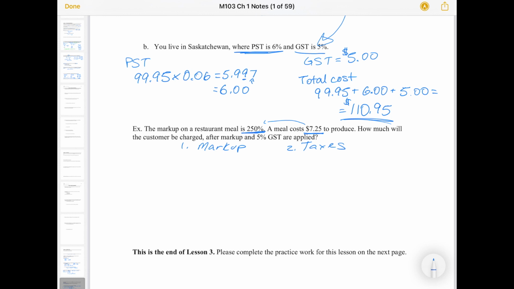So first the markup. So 250%. I need to divide that by 100, and I'm going to get 2.5. That is 250% as a decimal.